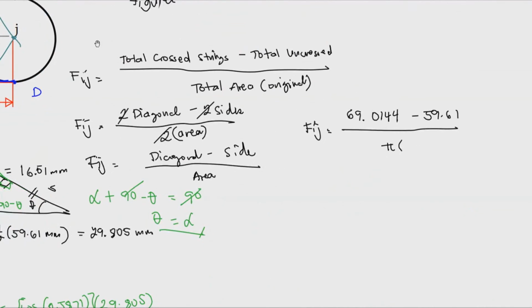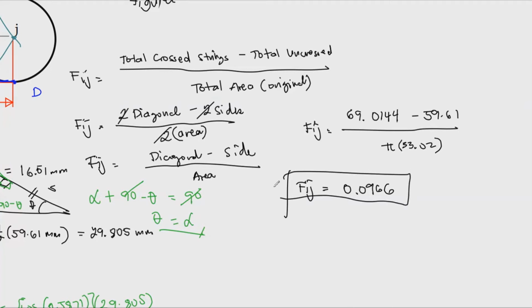Yes, it's 33.02. So with that, the view factor of Fij is equal to 0.0966. So we don't have any unit for this.